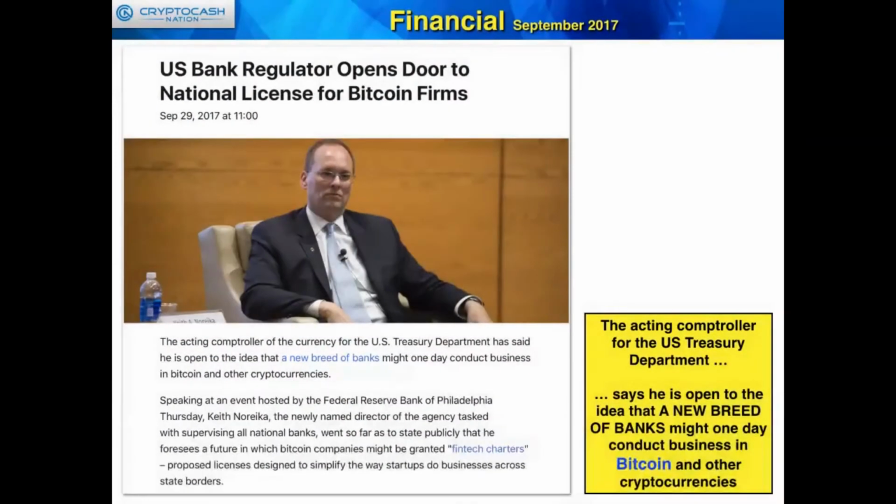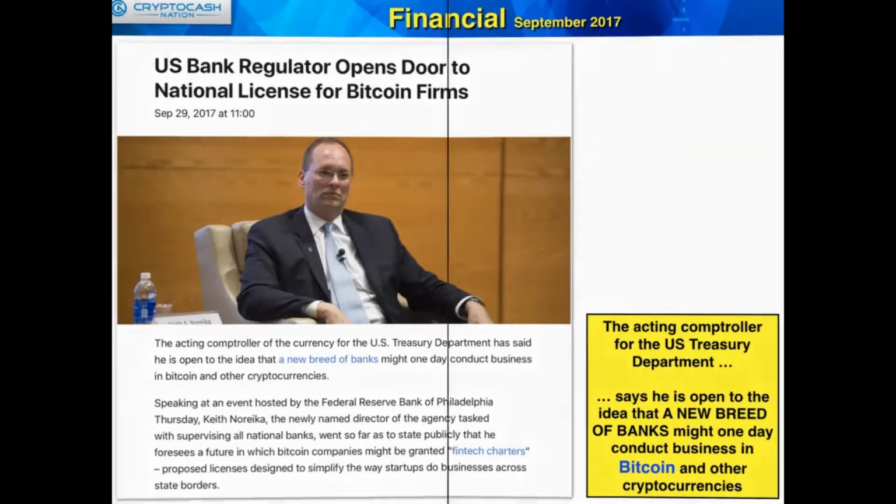Who's this dude? Oh, the US bank regulator opens doors to a national license for Bitcoin firms. This is September the 29th. Now, when you go back now into history, which is then, there's massive changes already happened. The acting controller for the US Treasury Department says he's open to an idea of a new breed of banks that might one day conduct business in Bitcoin and other cryptocurrencies.